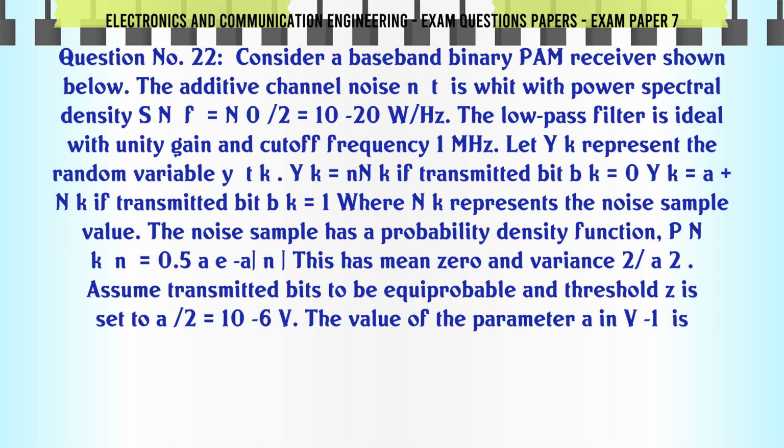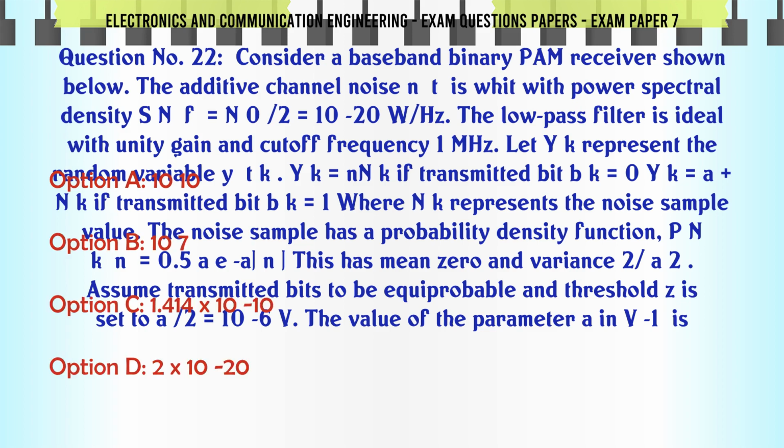Consider a baseband binary PAM receiver shown below. The additive channel noise n(t) has power spectral density S_N(f) = N0/2. The low-pass filter is ideal with unity gain and cutoff frequency 1 MHz. Let Yk represent the random variable Y(tk).